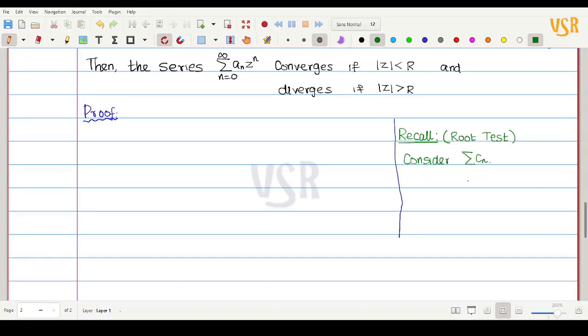Put alpha equal to limit supremum of nth root of mod c_n. If alpha is less than 1 ஆக இருக்குதுன்னா then the series summation c_n converges, and if alpha is greater than 1 ஆக இருந்ததுன்னா then the series summation c_n diverges. So this is the root test.